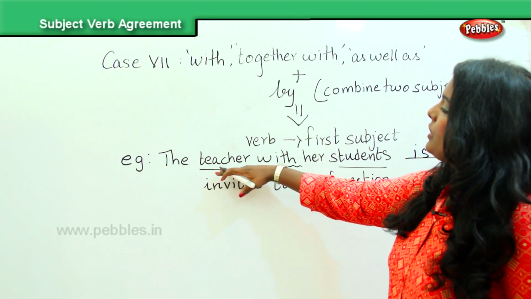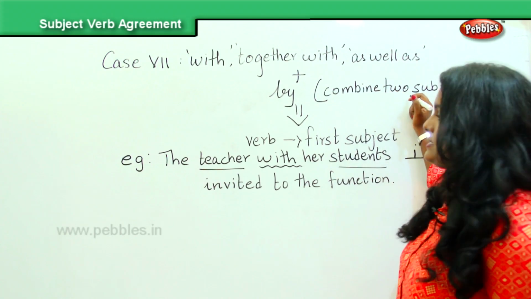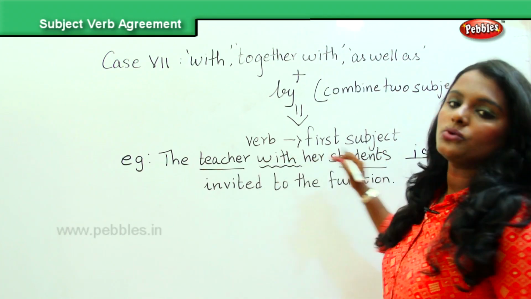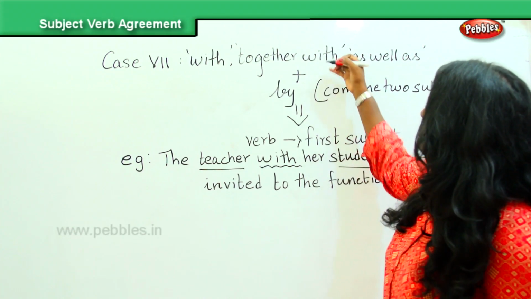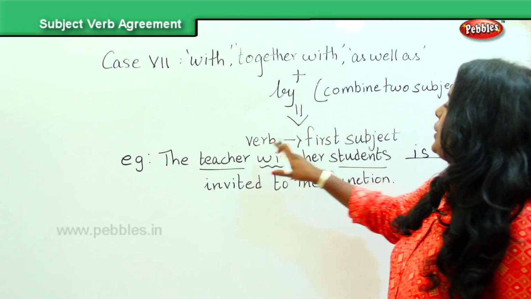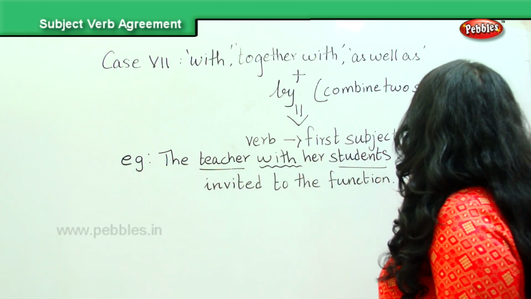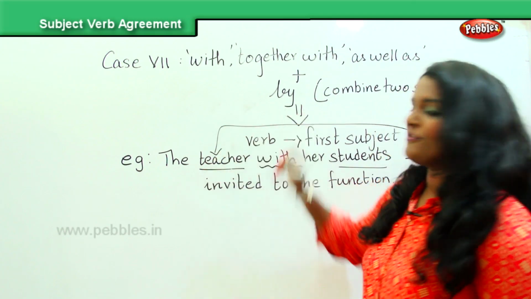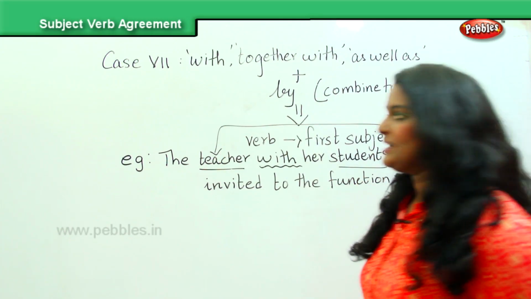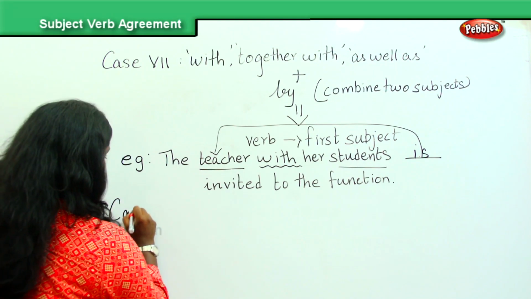When you have with, together with, or as well as, and you have two subjects combined, right? So this combined with two subjects, your verb will always correspond to the first subject, right?